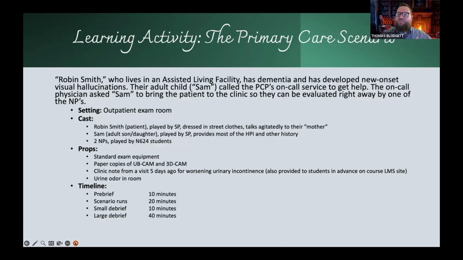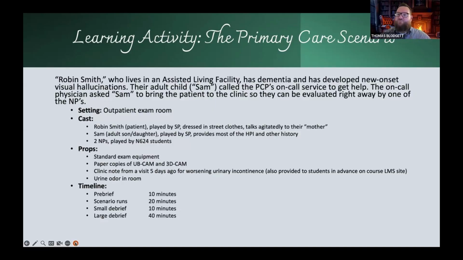And then two NPs each go in and see the patient and sort of try to tease out the HPI and all that good stuff. The props you can see listed here, the tools that I had them practice with for the scenario were the ultra brief CAM and the 3D-CAM in sort of a sequential fashion so they could see how those two tools work together. They're also provided with a clinic note.